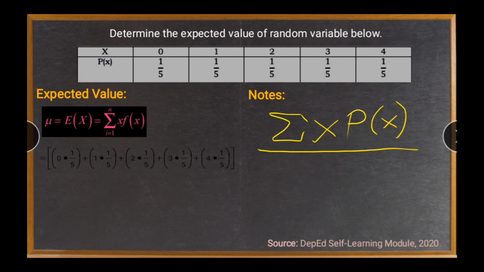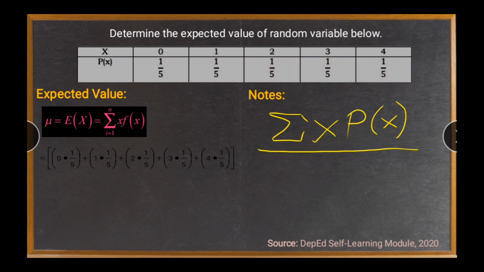Let's have it. So given your X, I would like to emphasize here that the X is not the usual x, but the capital letter X, the random variable. So the random variable values here are 0, 1, 2, 3, 4, and the probability function is 1/5, actually all 1/5.